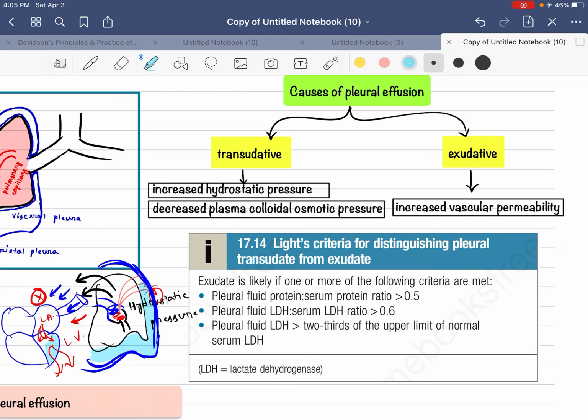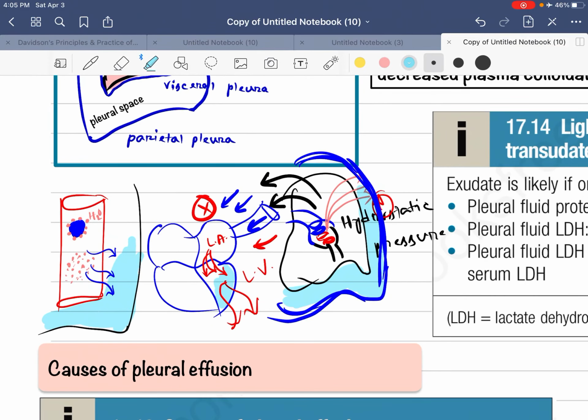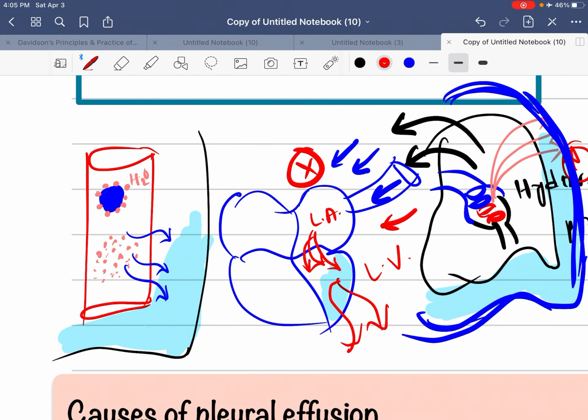And if the vascular permeability increases, then what happens? The plasma leaks out from the blood vessels into the interstitial space or potential space. Okay, just in the same manner. Here the plasma protein was lost, but now, in case of exudative inflammation, you know that the lining of blood vessels is endothelial cells.